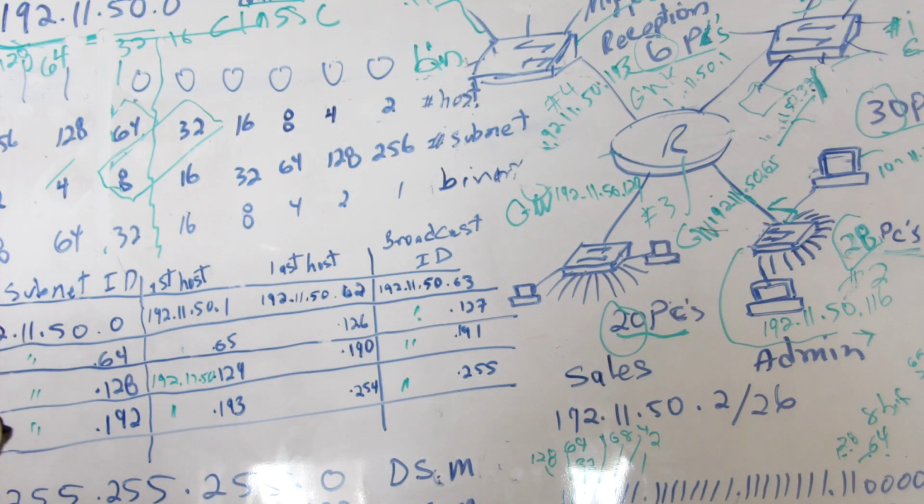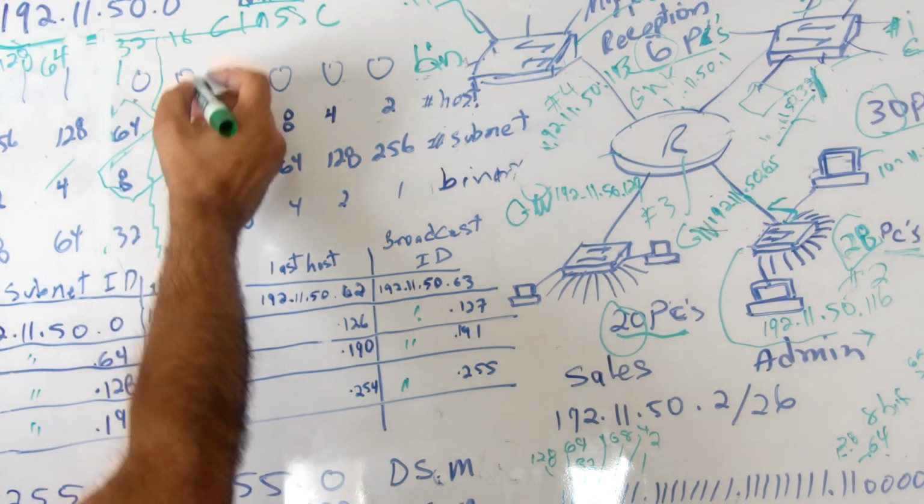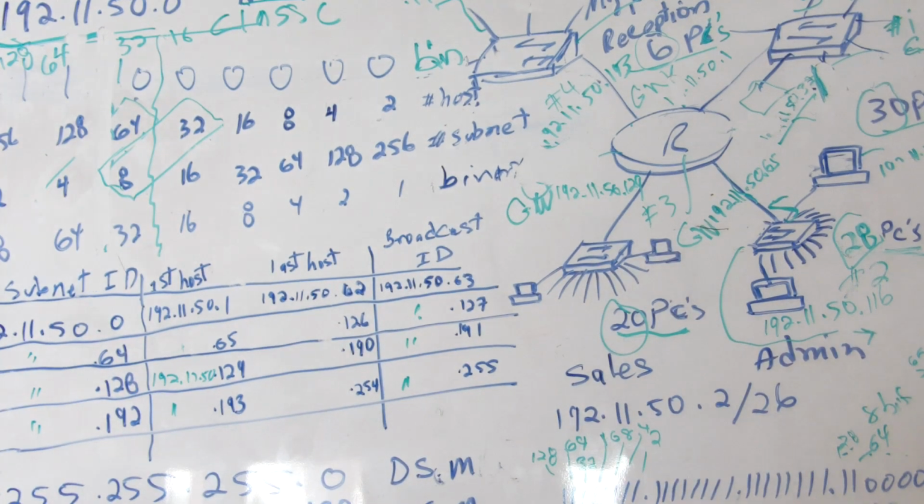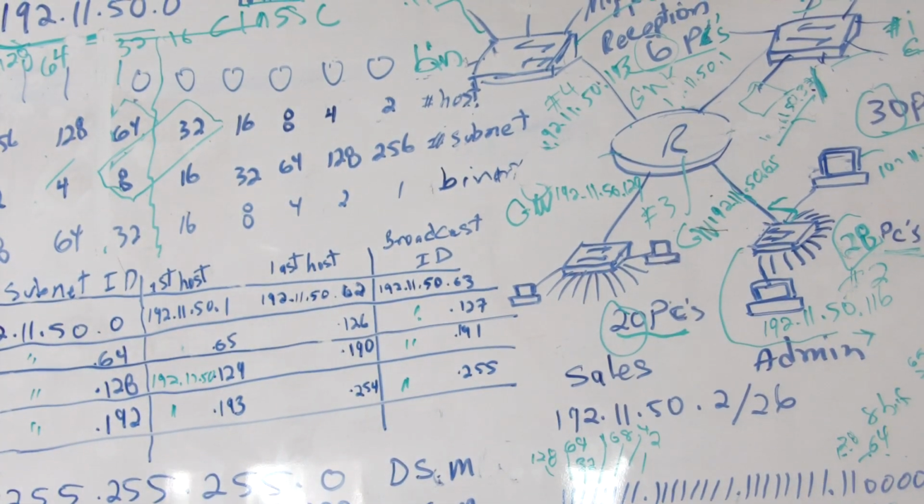This is not 192 anymore. It's 192 plus 32, okay, 224. See, now the new custom subnet mask for 8 subnetworks.